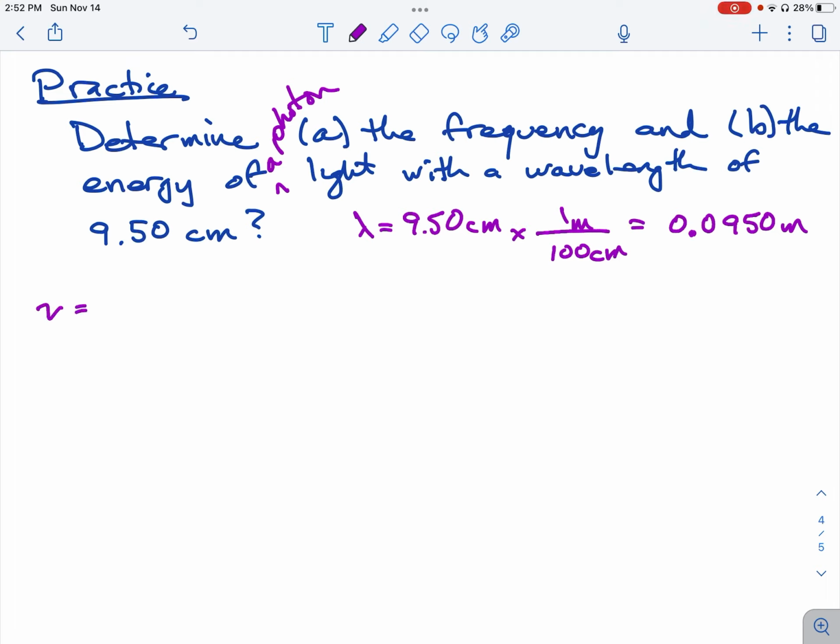All right, so we have to find the frequency. Frequency is speed of light over wavelength. Speed of light is 3.00 times 10 to the 8th meters per second over 0.0950 meters. Meters cancel. We're left with 1 over seconds, also known as hertz.